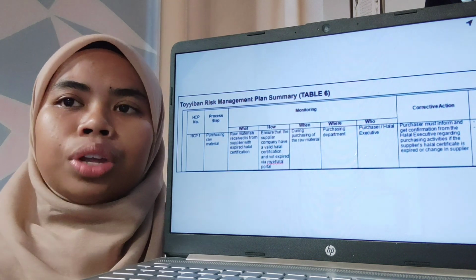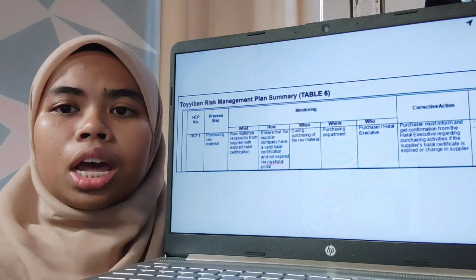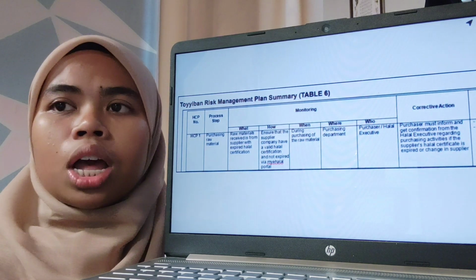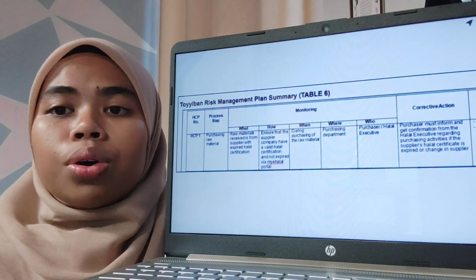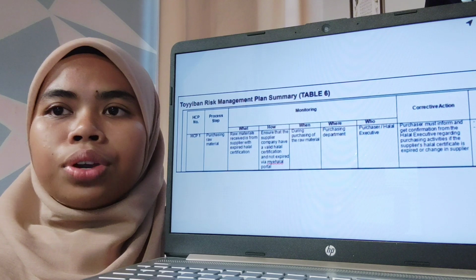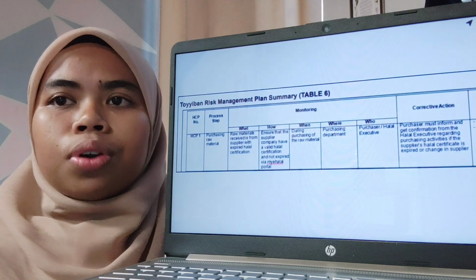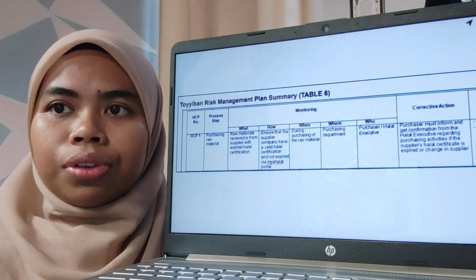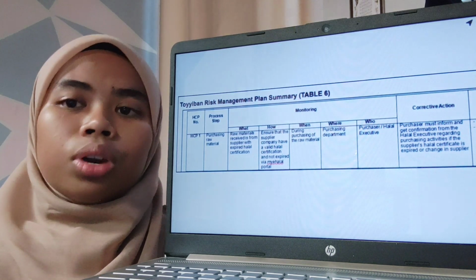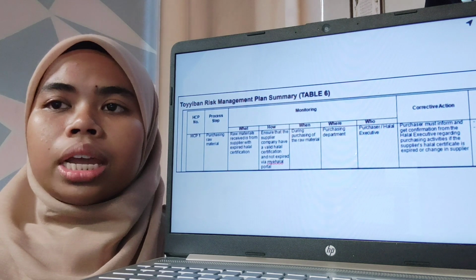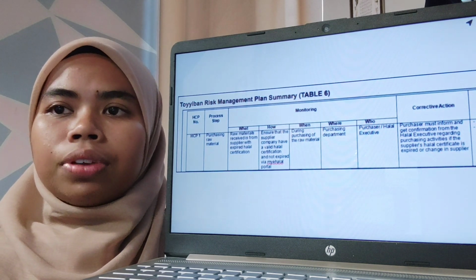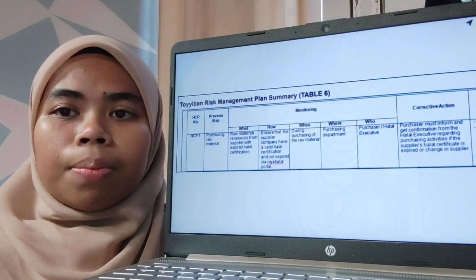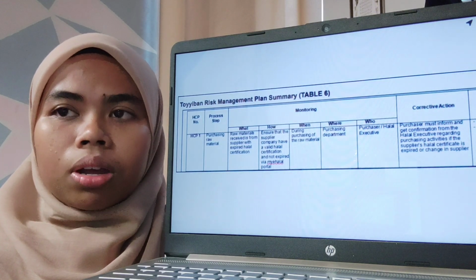So for the halal thayyiban risk management plan summary, for HCP1 purchasing raw material, what we are going to monitor is every raw material received from a supplier with expired halal certification. On how we are going to monitor it, we need to ensure that the supplier company has a valid halal certification and not expired via the MYeHALAL application.